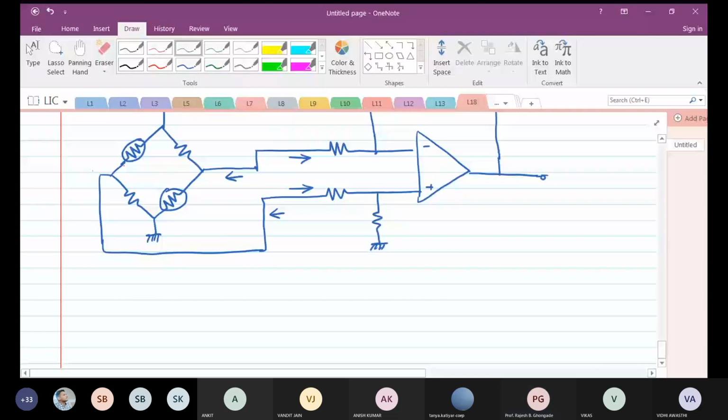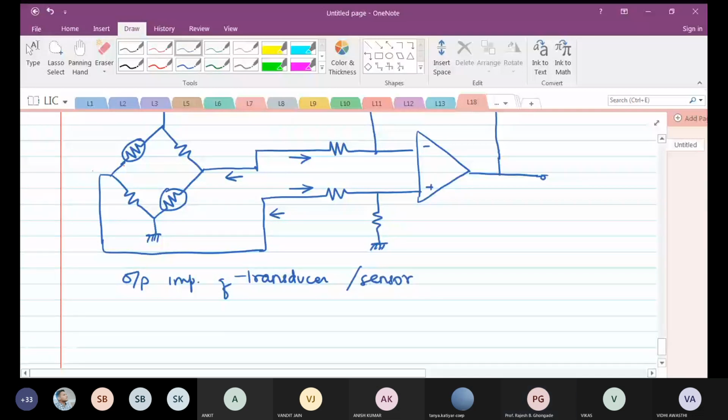We have to find out the output resistance or output impedance of the transducer. Specifically, transducer is a generic term; we call it a sensor.